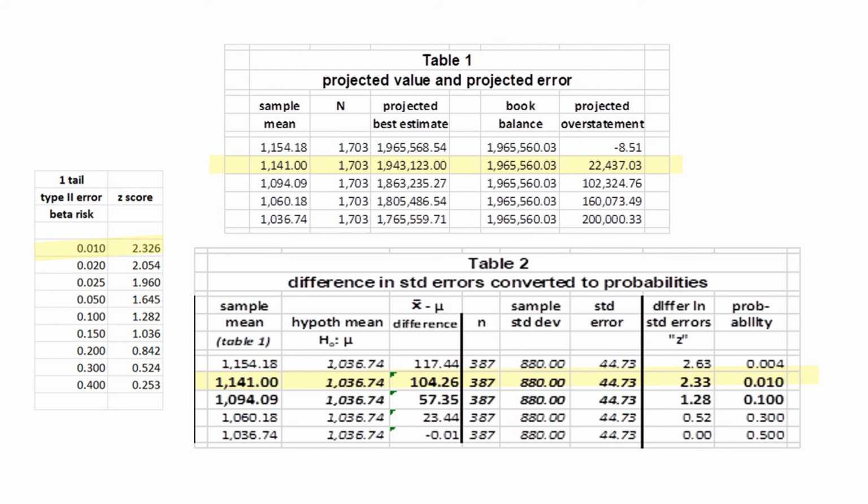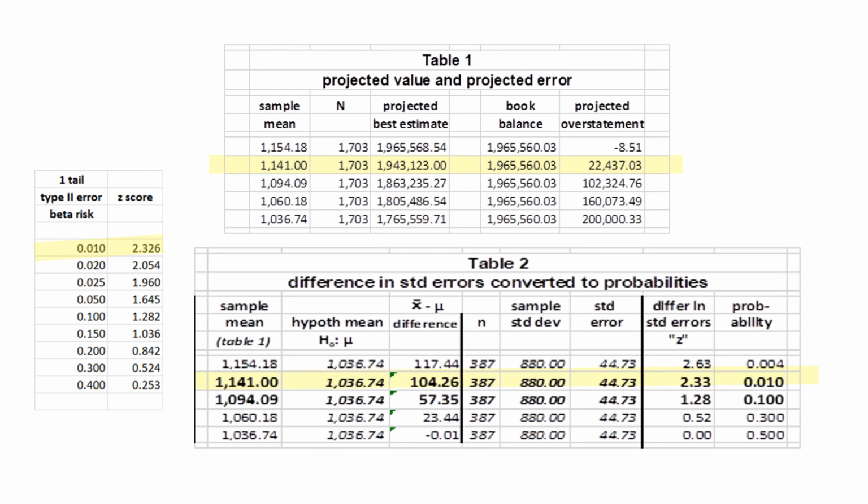That's $104 greater. We can use the standard error, the standard deviation, to calculate how many standard errors that is to the right of our hypothetical mean. It's 2.33.